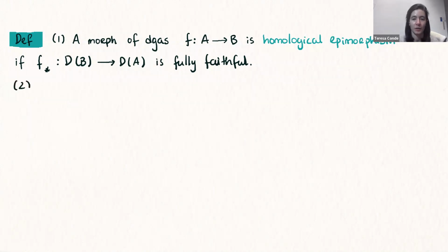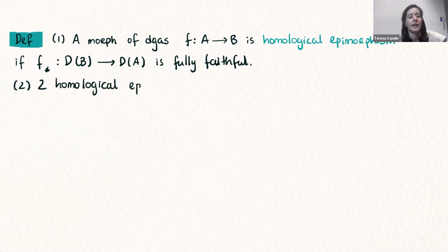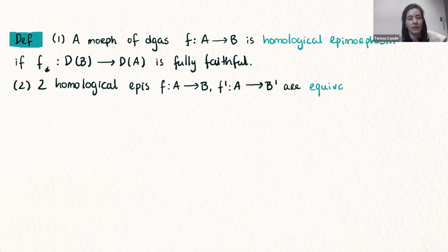So that's what it means to be a homological epimorphism. And given two homological epimorphisms, we say that they are equivalent if the essential images of the corresponding restriction functors coincide.